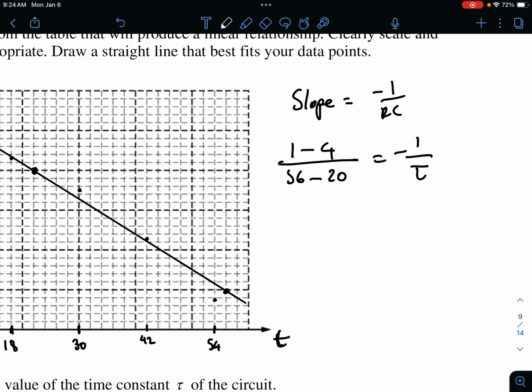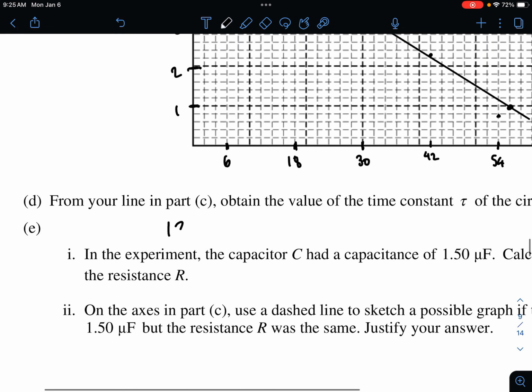Might as well take the reciprocal right here. 56 minus 20 is 36. 1 minus 4 is equal to negative 3, so that's equal to negative 1 over tau. And I get 12 is equal to tau. So that's my time constant, 12 seconds.